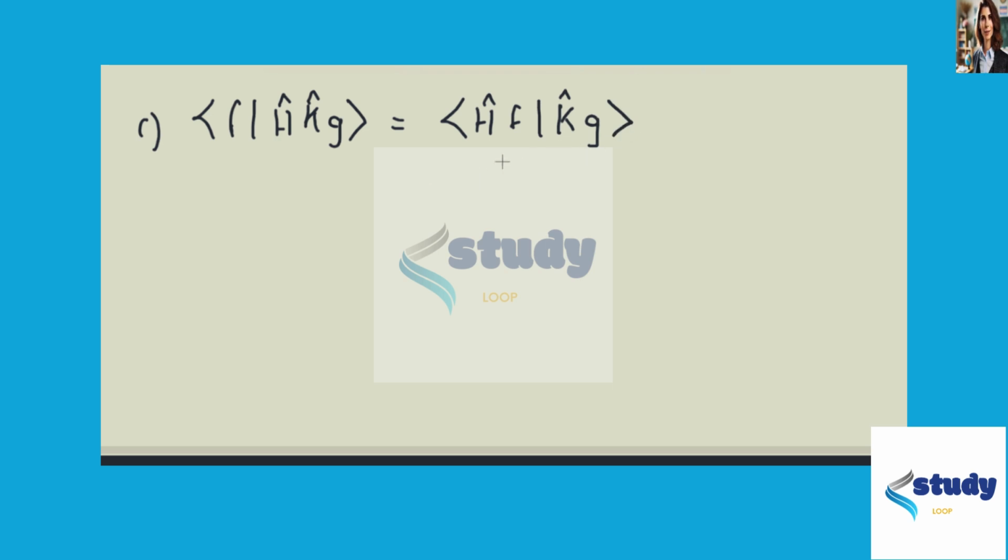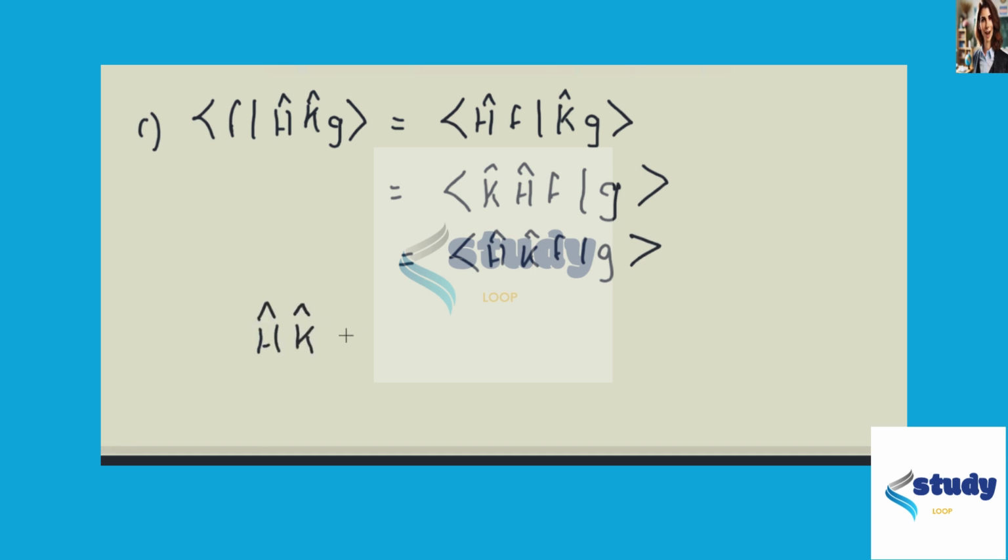Since K cap is also Hermitian, it will go on this side and we will have K cap H cap f inner product with g. So in order for this to be Hermitian, we need it like this: H cap K cap f inner product with g.